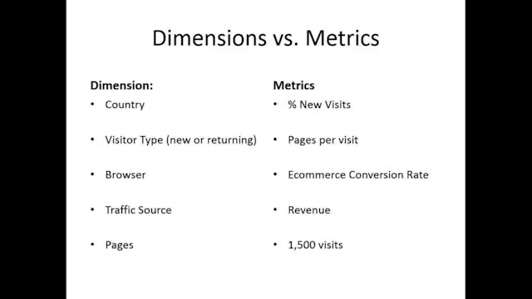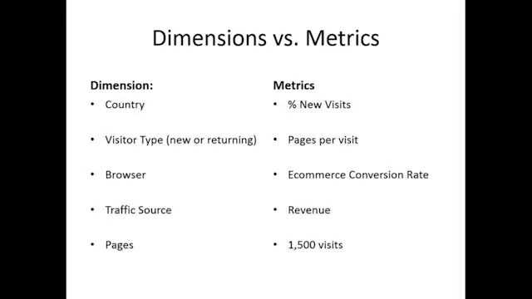First, I want to talk to you about dimensions and metrics. We'll be talking about these throughout the process, and I've given you some examples of dimensions and metrics. A very basic rule of thumb might be that dimensions are questions that can be answered with words. What country did your visit come from? What kind of visitor type was it? What sort of browser did they use? What was the traffic source?